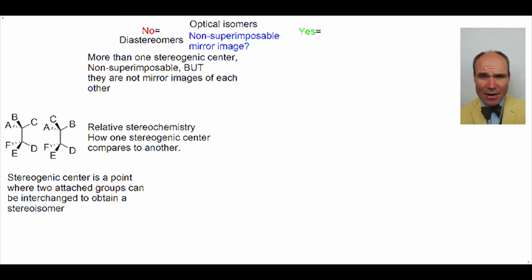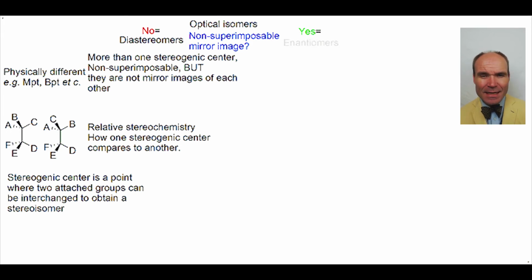So relative stereochemistry is how one stereogenic center compares to another, where two substituents, one on each stereogenic center, can have a different spatial relationship with each other. Diastereomers have different physical properties, such as melting point and boiling point.